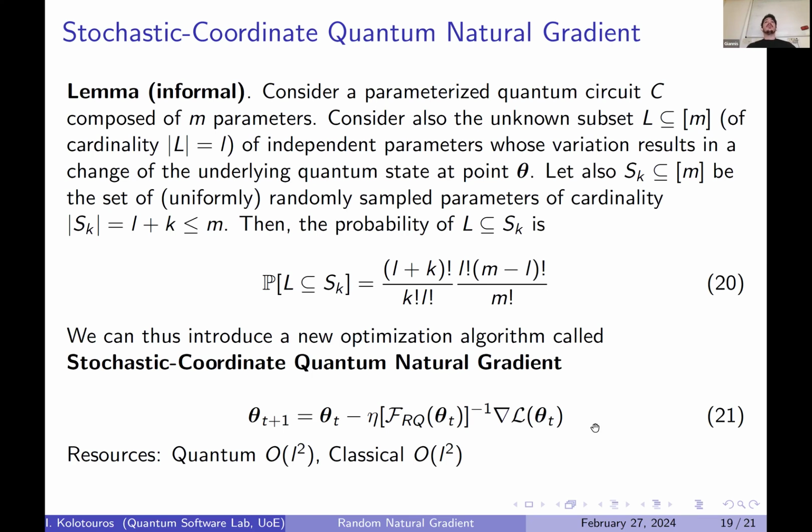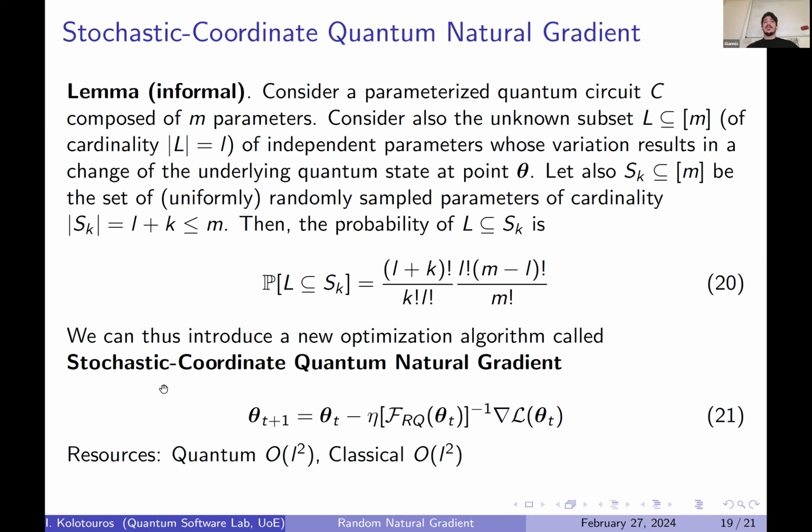Let's say you have a parameterized quantum circuit with M parameters, and you sample at random only L of them, where L is smaller than M. Let the number of independent parameters be L, sorry, let the number of independent parameters be L, and the number of parameters that you sample be L plus K. Then we quantify the probability that we actually sample all of the parameters that independently change the quantum state, and it's this quantity in equation 20.